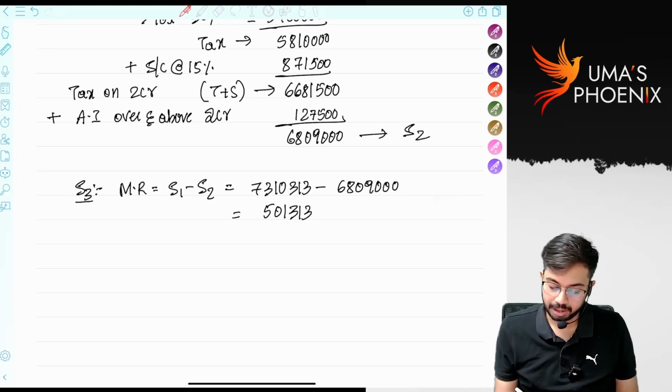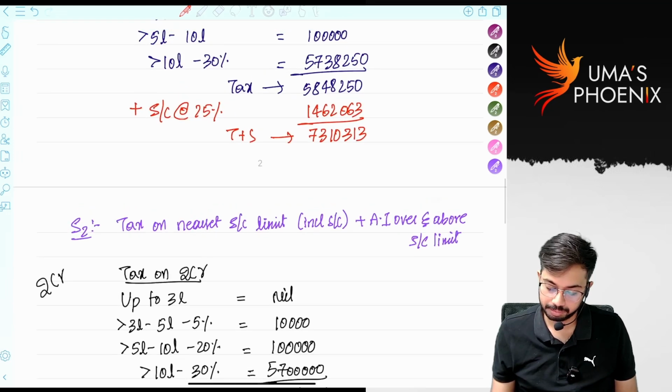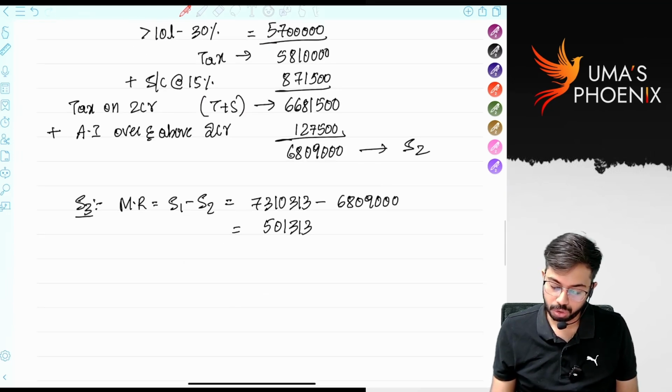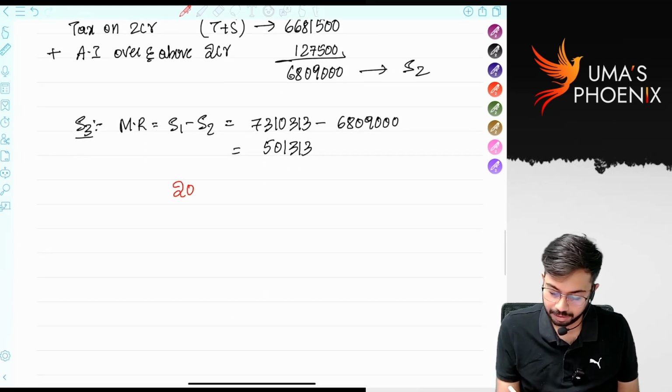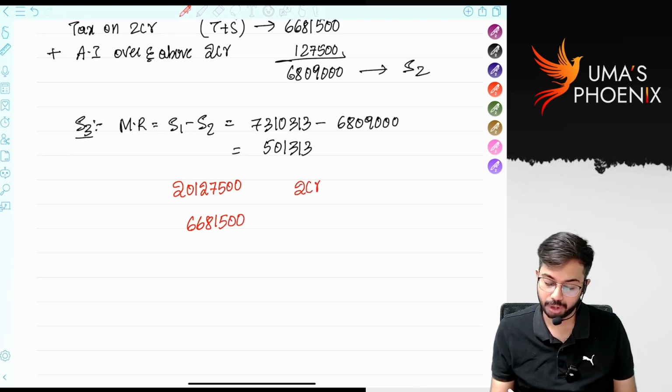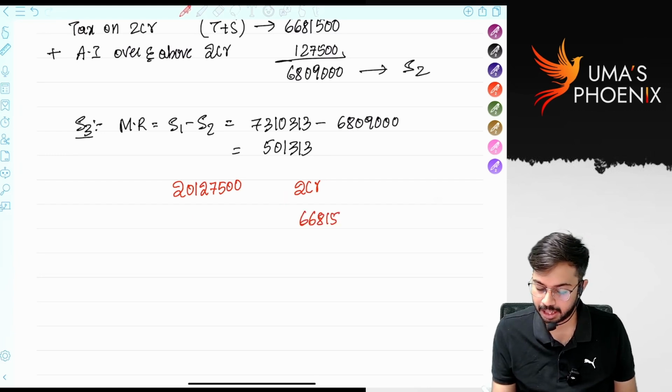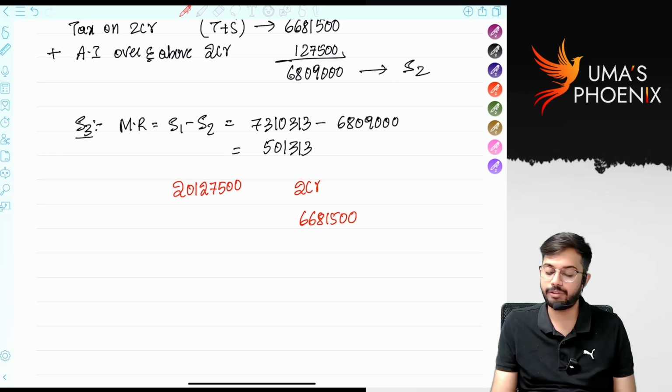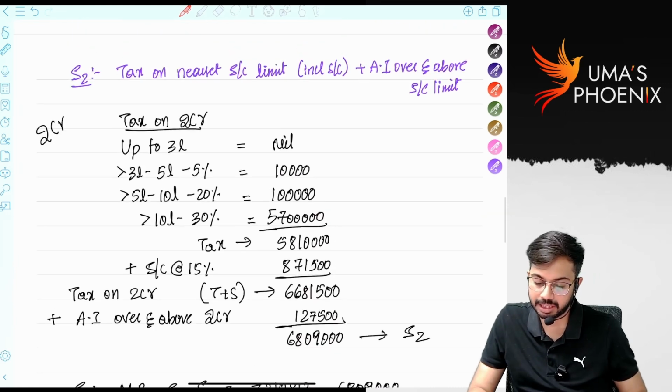Let us compare. If total income is 2 crore 1 lakh 27,500, how much tax he needs to pay? 73 lakh 10,330. If total income is 2 crores, he needs to pay 66,81,500.